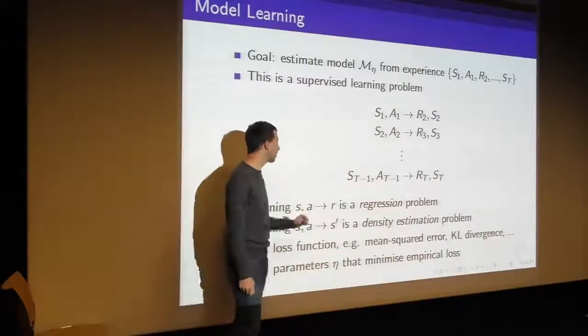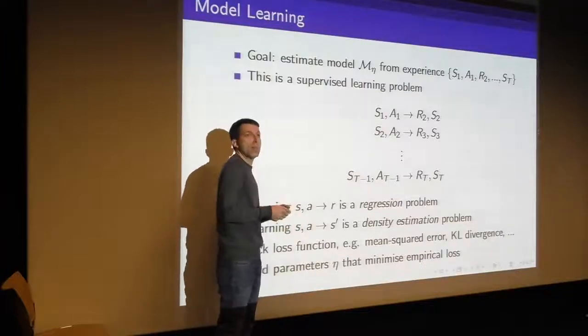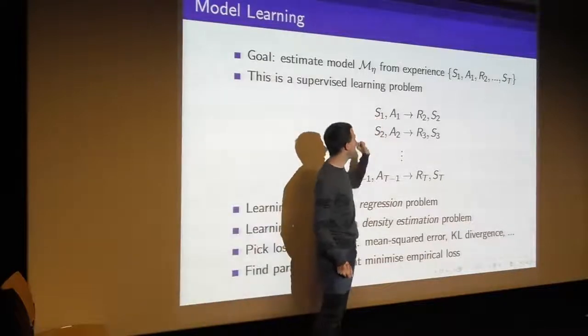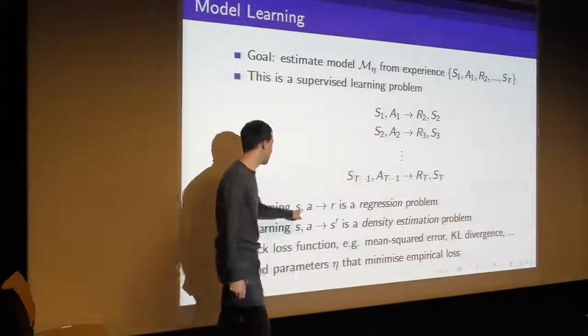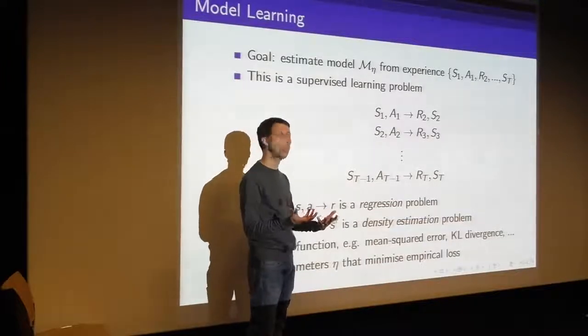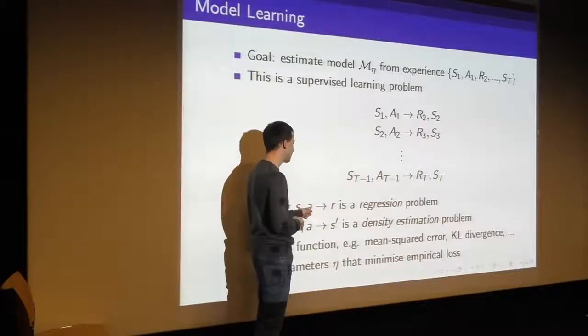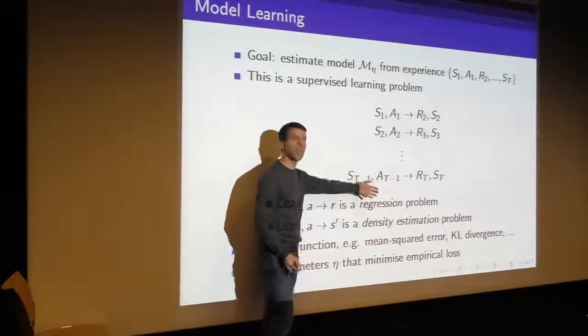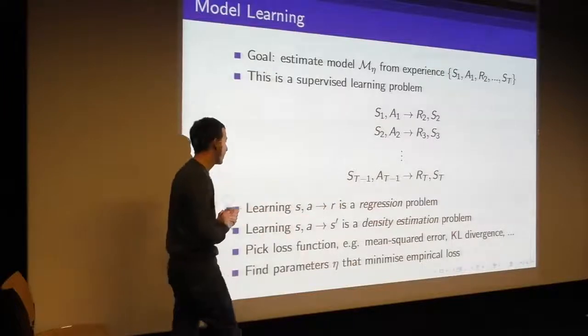To learn the reward function, we're just trying to learn how much reward I will get in expectation from taking some action A in some state S. That's a regression problem. We give as input a state and action pair, and we're trying to estimate how much reward we'll get. We're just going to use all of these as examples to train this regression problem.